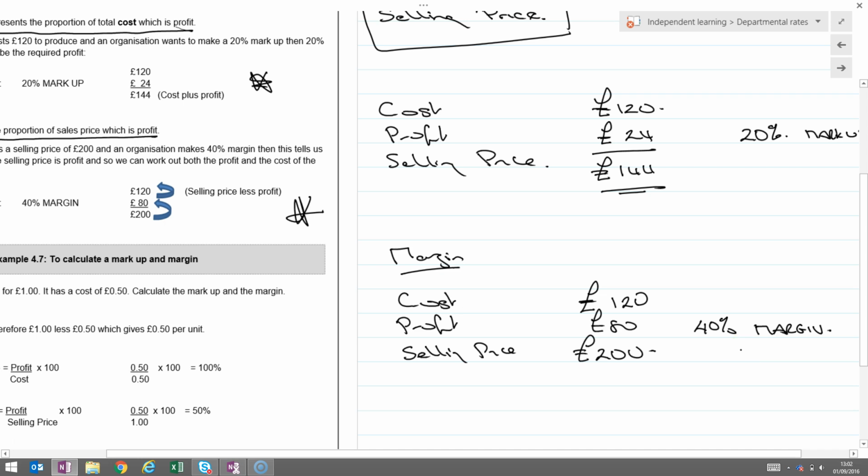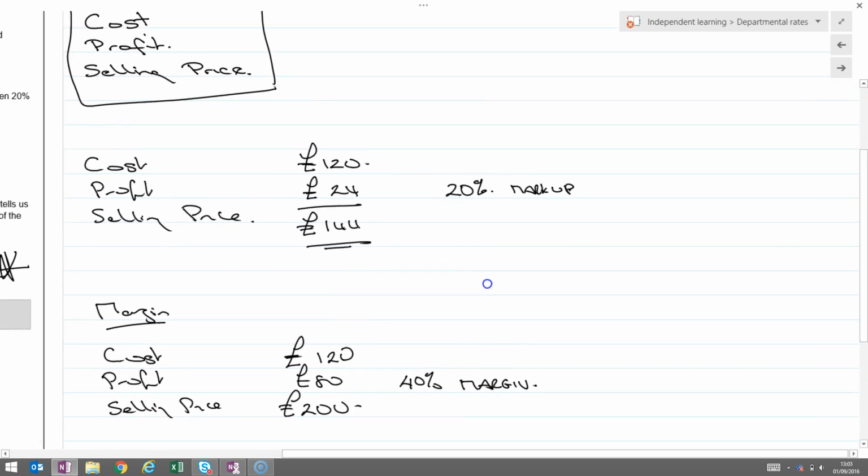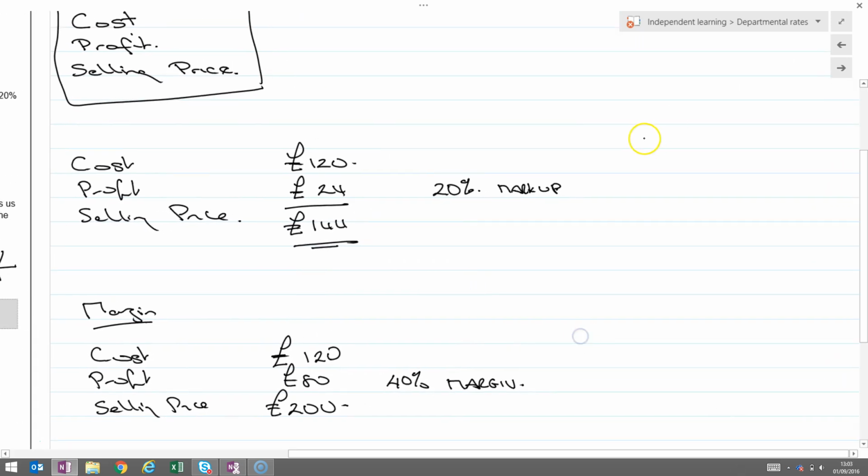Okay, so that's using the markup and the margin. Now, based on the fact that your markup relates to cost, if you needed to calculate an actual markup, so here we've used percentages. Where did those percentages come from?